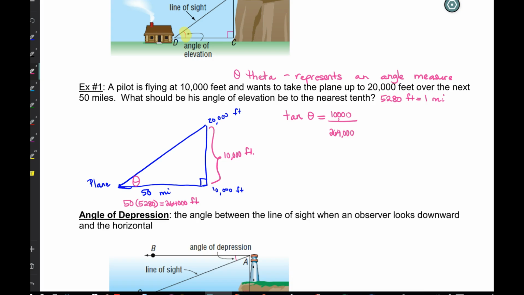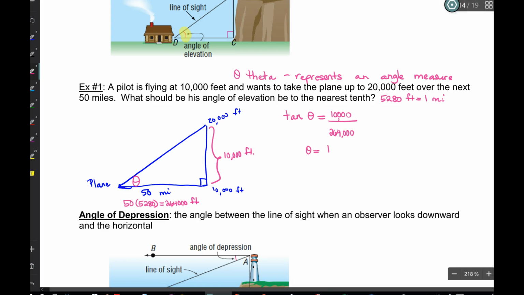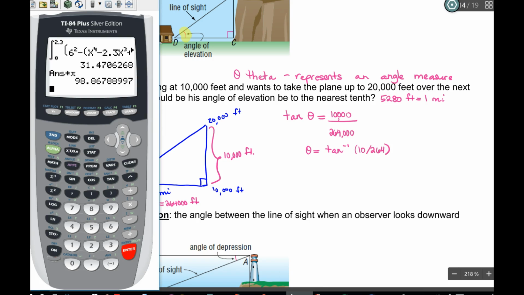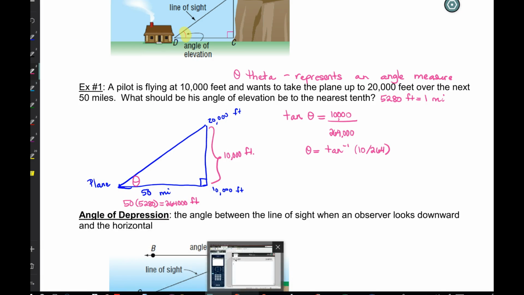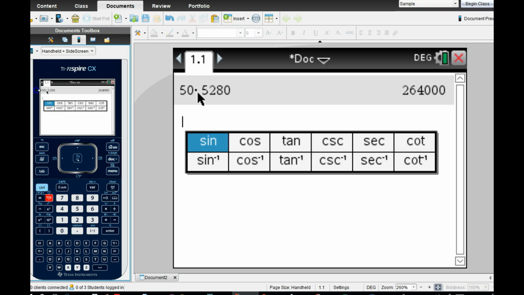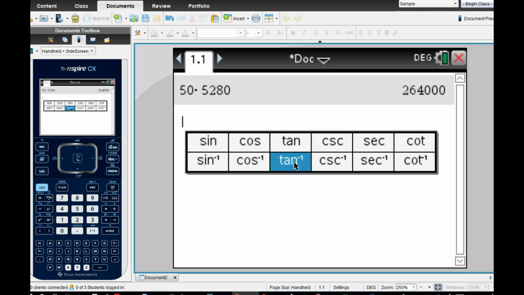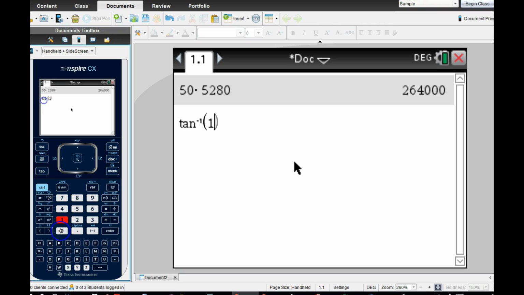Then we have to do something in order to solve for the angle measure. I want to basically move that tangent to the other side, and when I do that, it becomes tangent inverse. Do you remember that? I know it's been a while. So we have tangent inverse of 10 over 264.